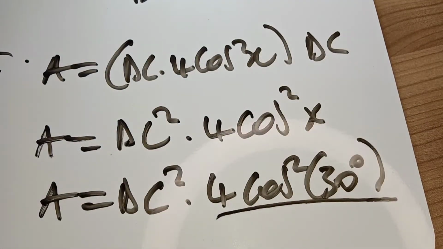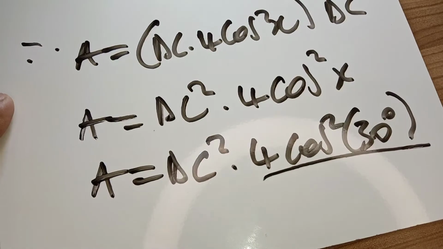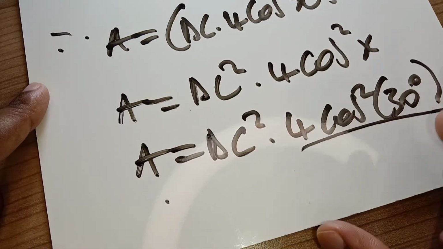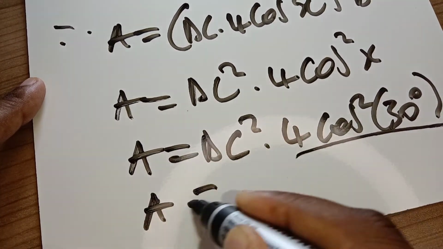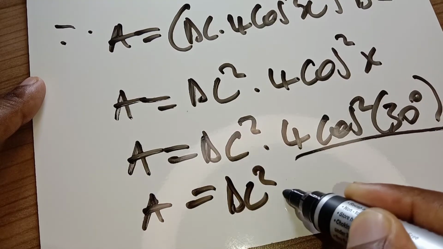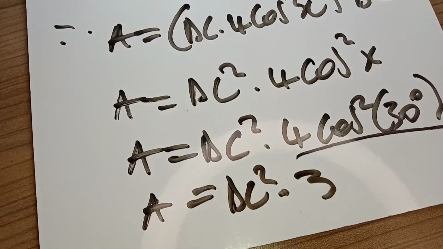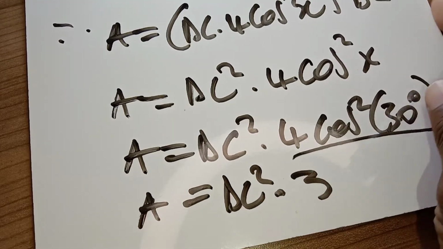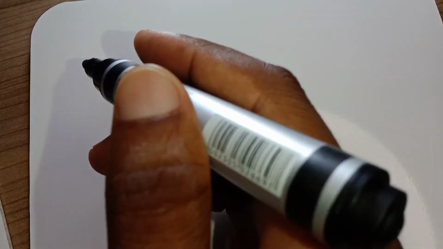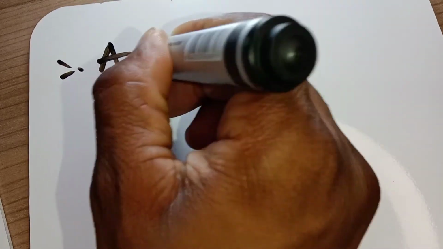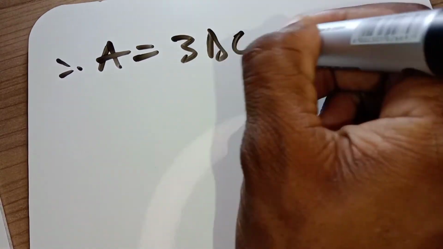Then it means here we are going to have our A as DC squared multiplying 3. Then we can arrange it like this. We can say therefore our A equals 3DC squared.